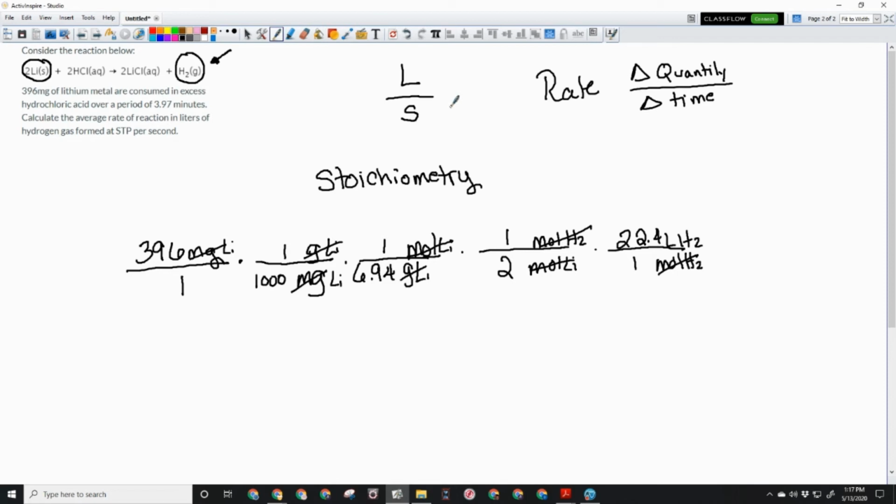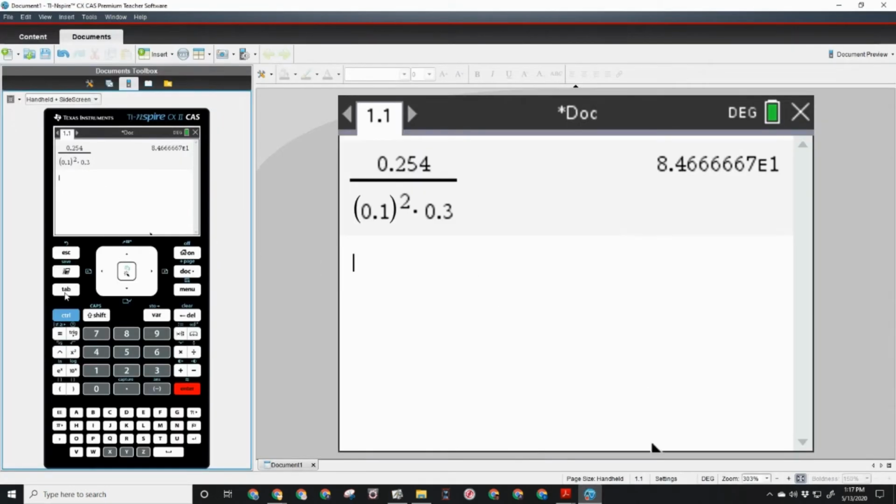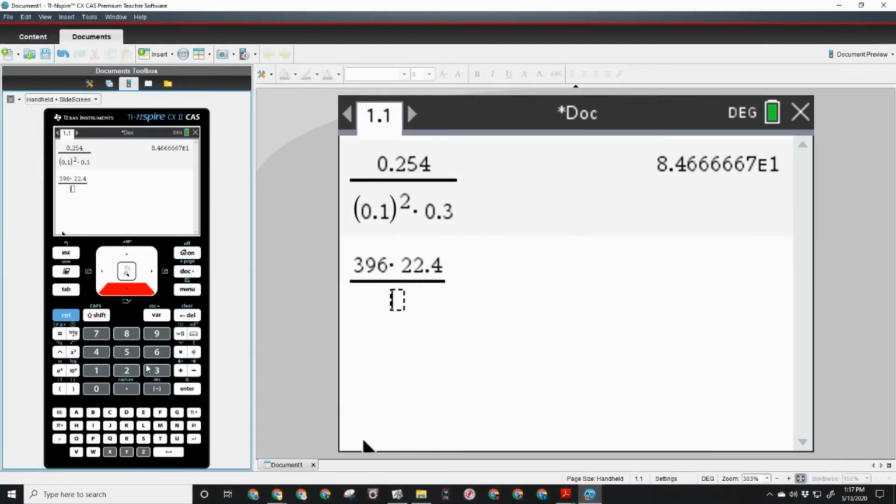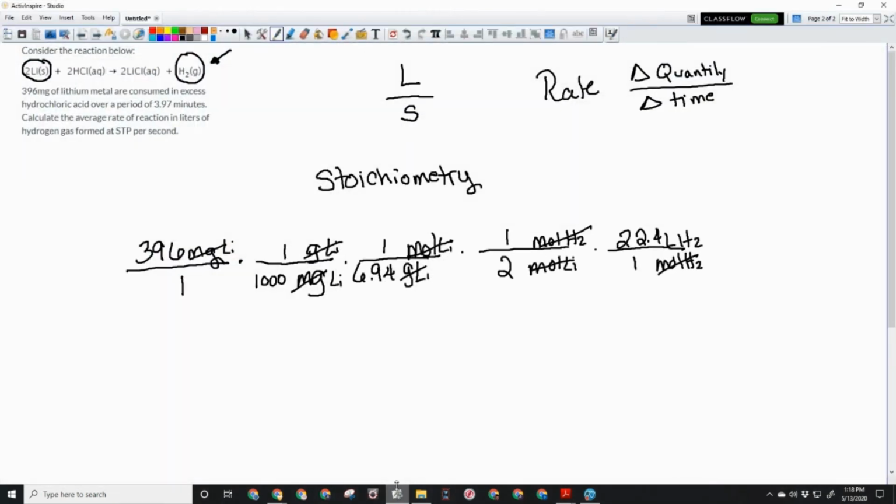So all we have to do is the math here. We can get how many liters goes on top. All right, so this is 396 times 22.4 for the top. And in the bottom, we're going to have 1,000 times 6.94 times 2.